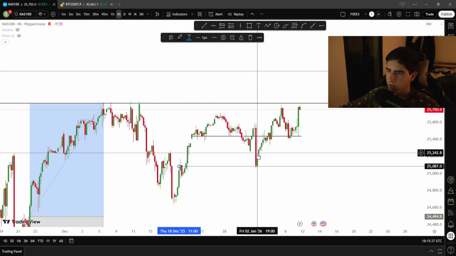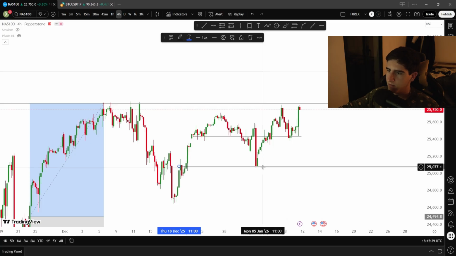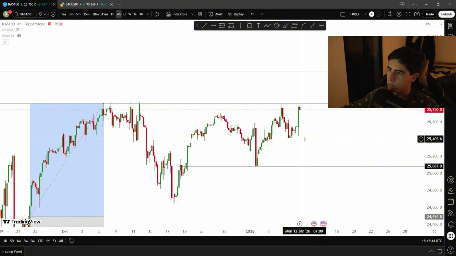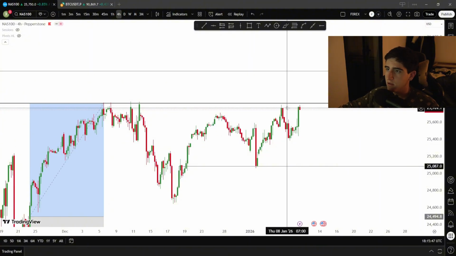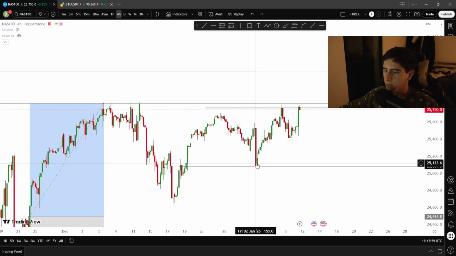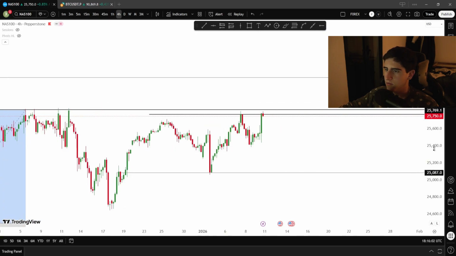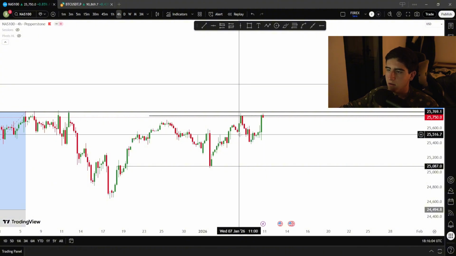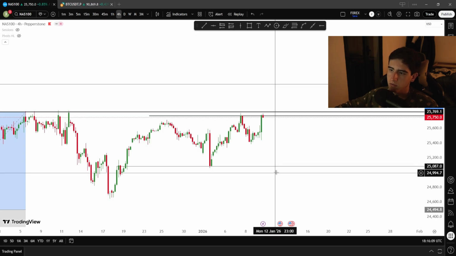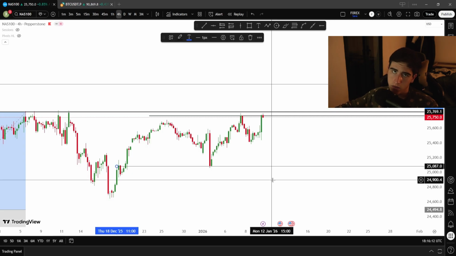We know now that our buyers are sitting at this level and pushing price up. Right here, price touched this level 2 times, so our sellers are sitting up here and buyers sitting down here. So we want Nasdaq to close a candle above or below this zone, and we can enter on a retest.